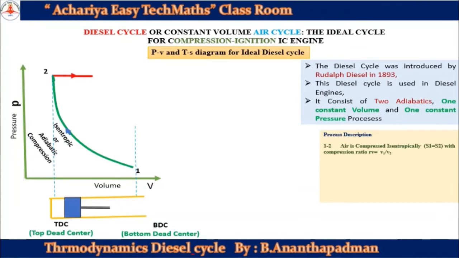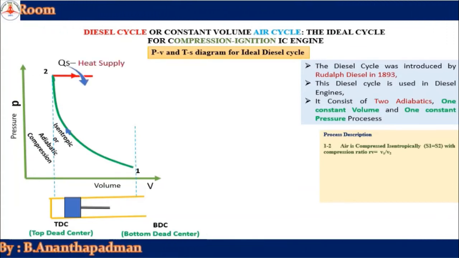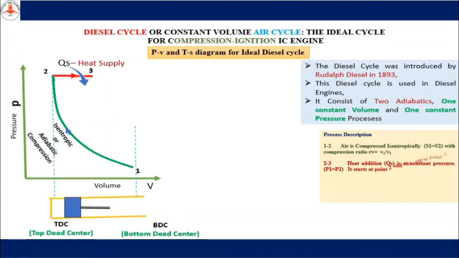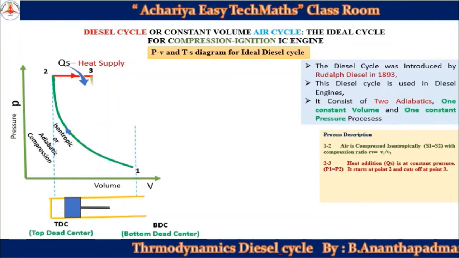In the 2 to 3 process, heat is supplied at constant pressure, that is P2 is equal to P3. It starts at point 2 and cuts off at point 3.